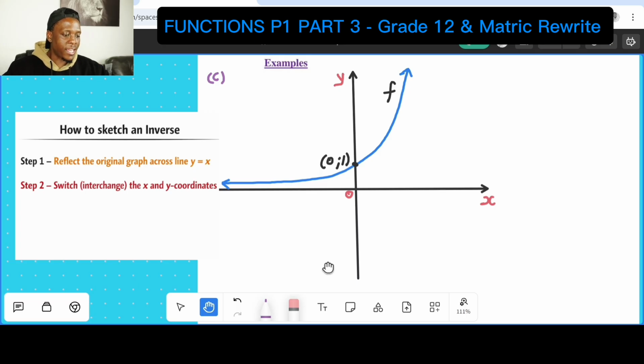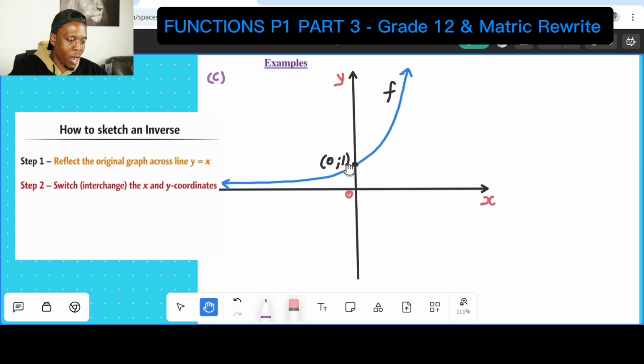Let's analyze. This exponential function, the blue graph, is cutting the y-axis at (0, 1). That's the y-intercept. So we are going to switch this y-intercept to become the x-intercept, which is what? (1, 0).